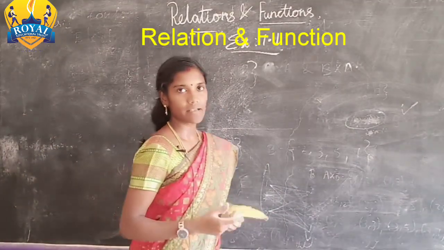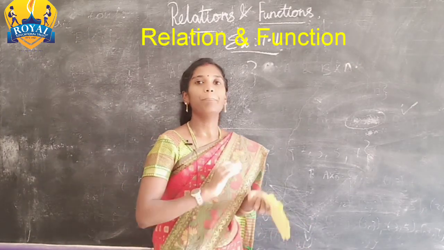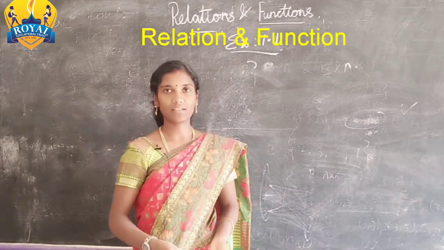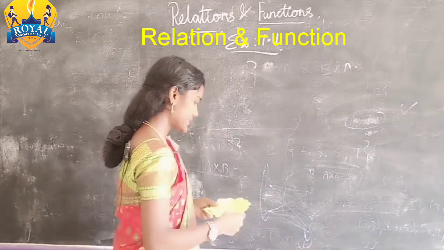Next, third sum. They give the cross product. They give the pairs and you will make the separate sets.